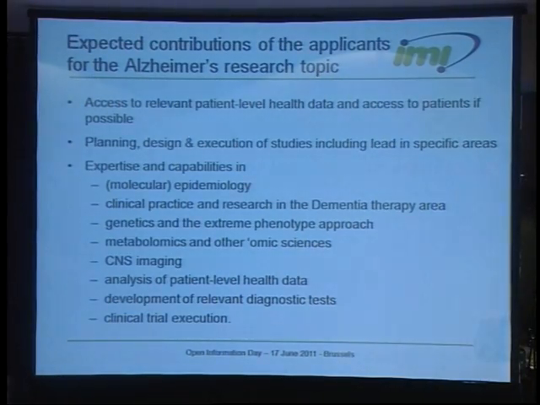What is perhaps different in Alzheimer's disease is that the type of patient data we're looking for is actually a specific disease cohort, the disease registries, because it's probably unlikely that routinely collected data will contain the necessary detail in order to assess Alzheimer's disease, including the necessary biomarkers that we're specifically looking for.